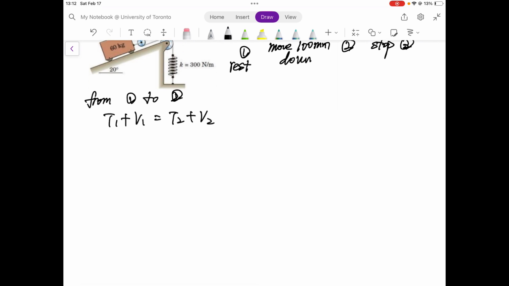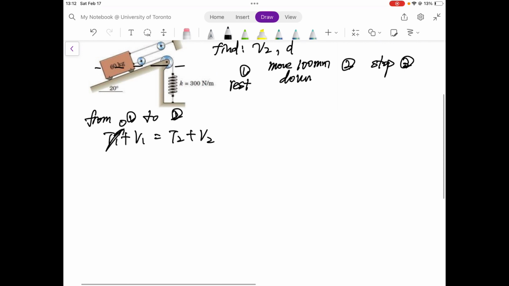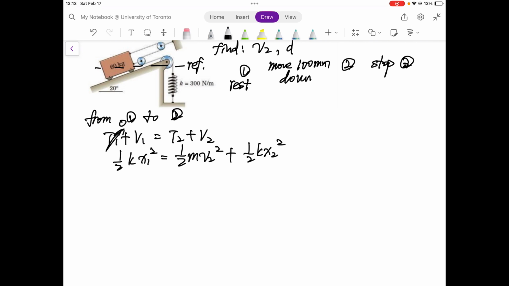Because the cart is at rest at point 1, T1 is equal to 0. And also we set this as our reference, so we don't need to think about gravitational energy at state 1. So we just need to think about the spring. That will be 1 over 2 k x1 squared is equal to T2, which is 1 over 2 m v2 squared, plus 1 over 2 k x2 squared.